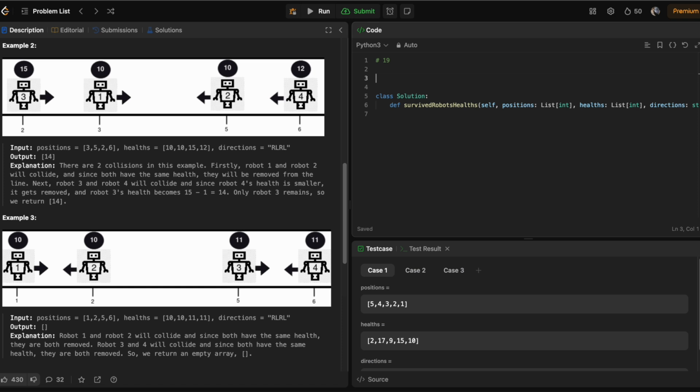So we can have a whole array to keep track of the resulting healths. And then for any resulting health that's not 0, we go through in the original order, and print it.